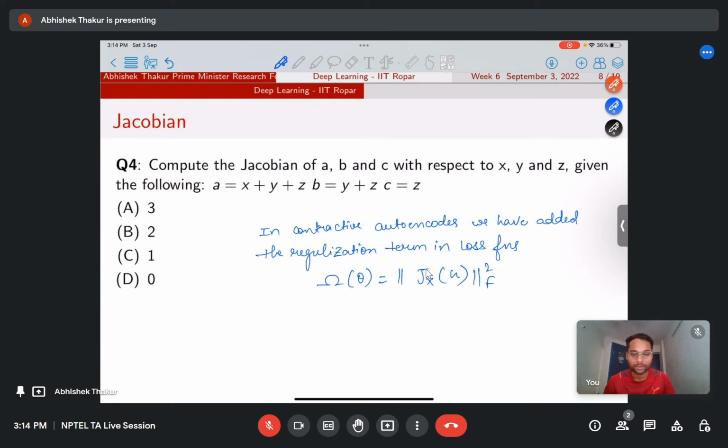Okay. So now here we have to find the Jacobian. So we will see how to find Jacobians.